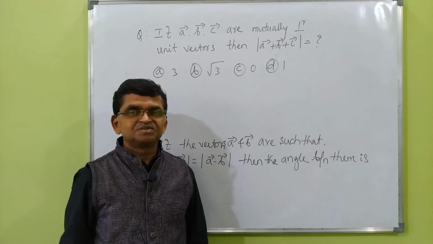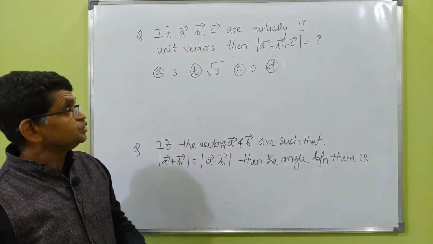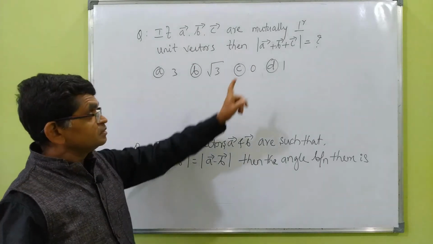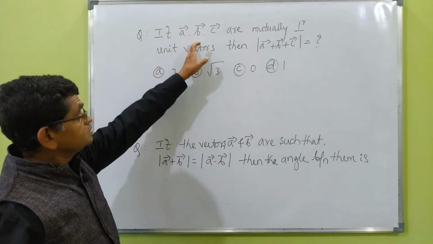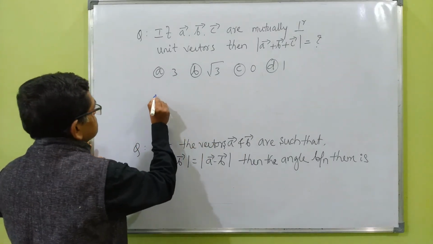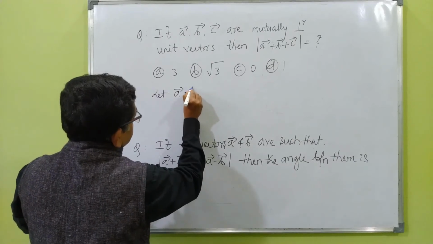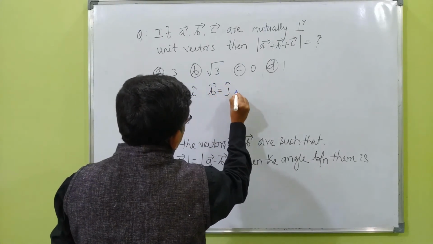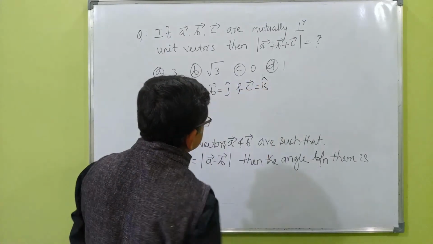this is the question on vectors. If a, b, c are mutually perpendicular unit vectors, then find the modulus of a plus b plus c. Let us assume that a is equal to i, b is equal to j, and c is equal to k unit vectors.